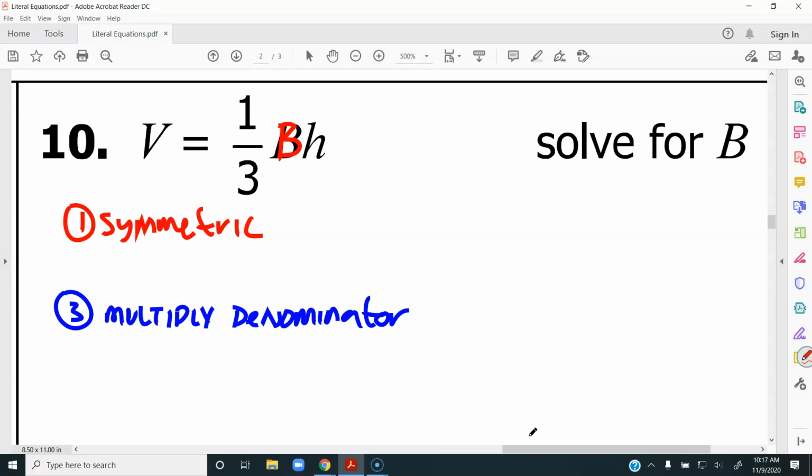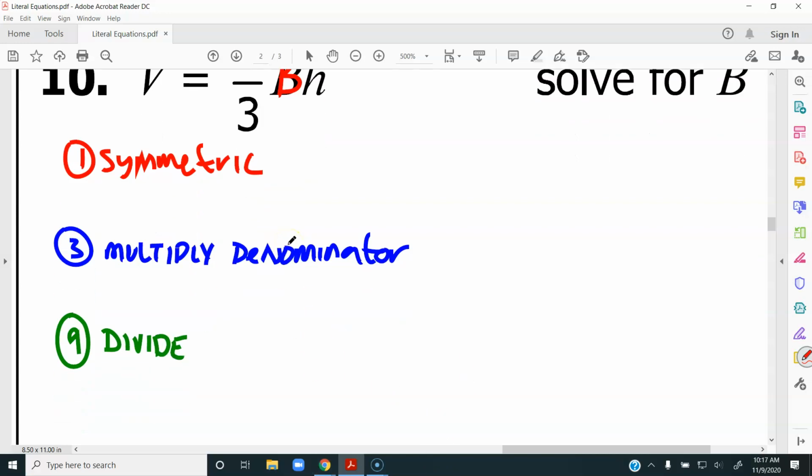And then I'll divide. Okay. So you have 1/3 BH is equal to V.